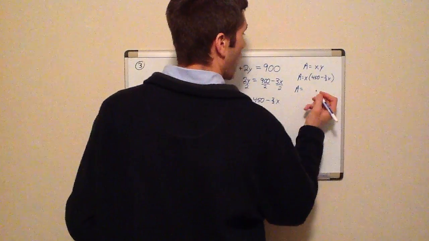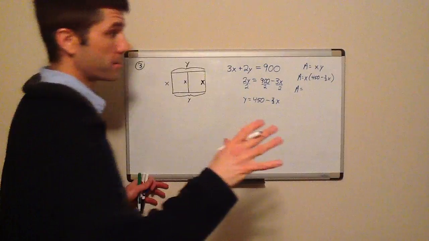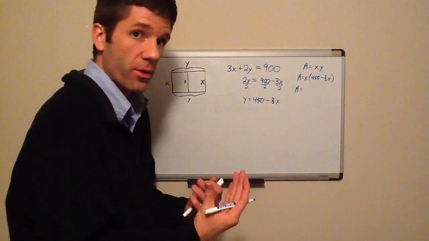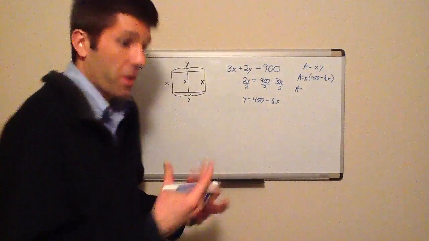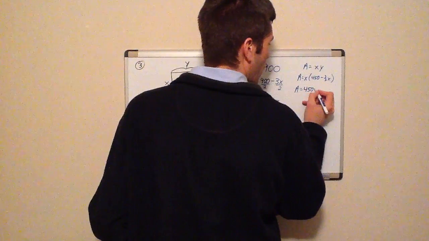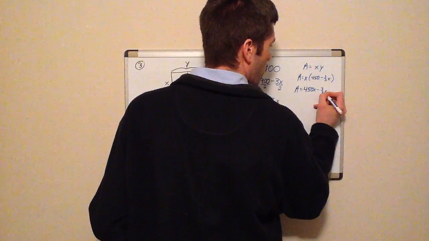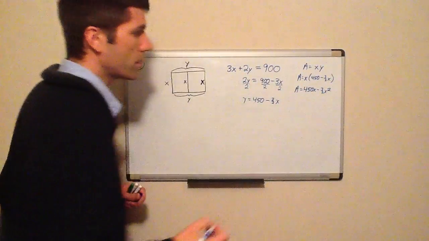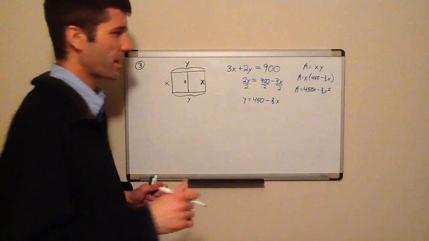A equals, I'm aiming for vertex form. Before I put it in vertex form, I should probably put it in standard form and then work my way up to vertex form. 450x minus 3 halves x squared. That's sort of standard form, sort of not.